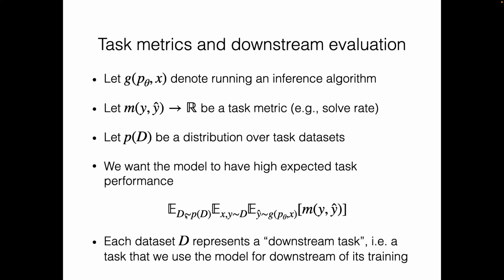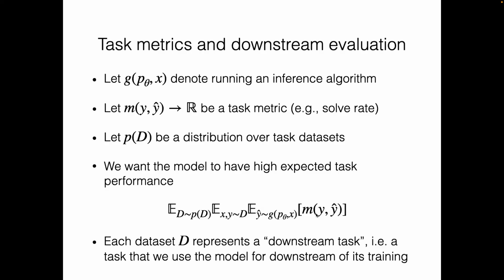For any given task that we give it, and for any given instance sampled from that task, when we run our inference algorithm, I guess there should be a max here, we want the metric to be high. Okay, and then you'll see this terminology downstream task. That just means, after you've done training, you might have some downstream purpose for using the model, or some downstream task you want to perform.